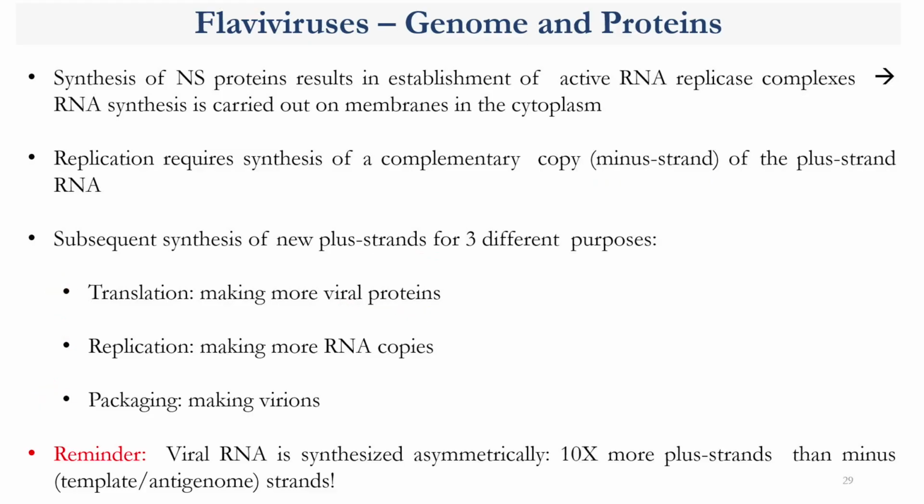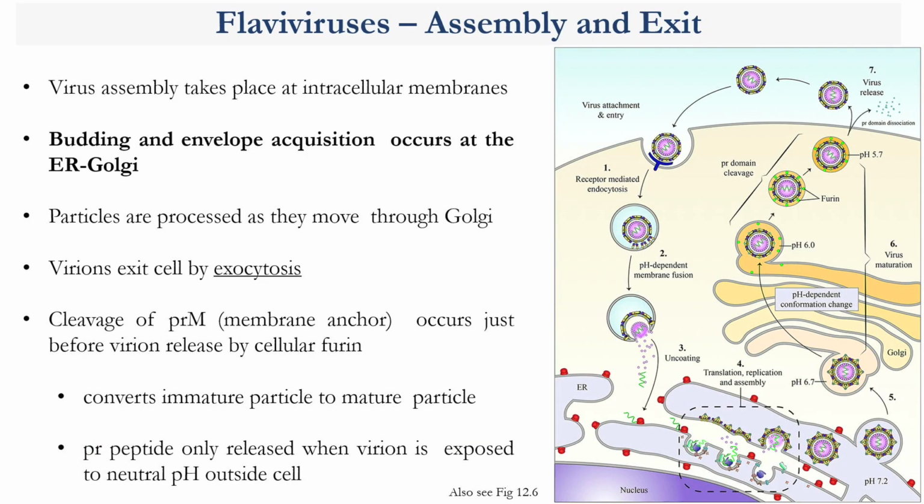So remember again, viral RNA is synthesized asymmetrically. There's usually 10 times more plus strand RNA than the minus strand RNA, okay? So remember I said earlier you have 1 to 2%, that's negative strand, rest is all positive strand, okay? Now, how does it work?